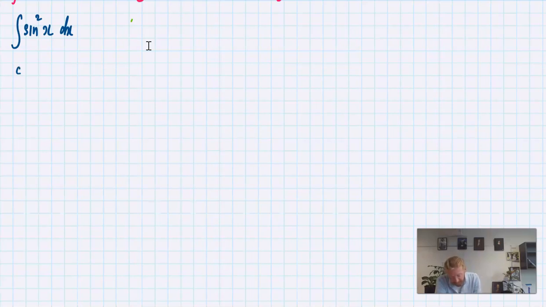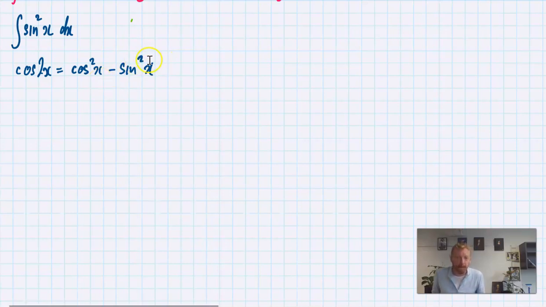I know that cos 2x is equal to, what was it? It was cos squared x minus sine squared x, okay? Now here I've got the sine squared x, but I want to get rid of that guy. So remember we changed cos squared x to 1 minus sine squared x, and then we said cos 2x equals 1 minus 2 sine squared x.